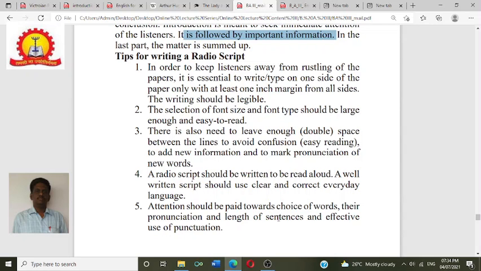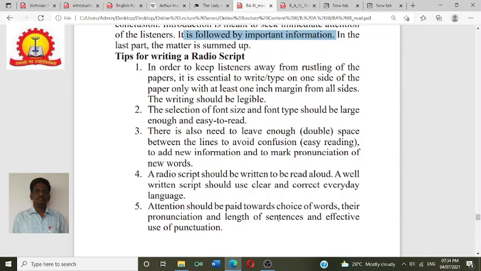Then the second tip: the selection of a font size and font type should be large enough and easy to read, especially when writing is illegible. Font size 40 and beyond is used, and the line spacing we generally keep is 1.5. So this is what we consider a legible script for reading.